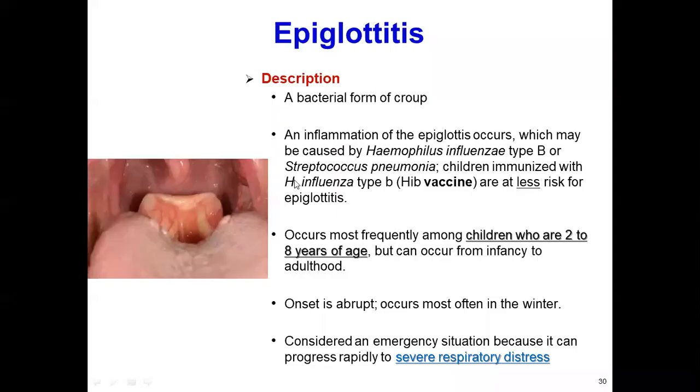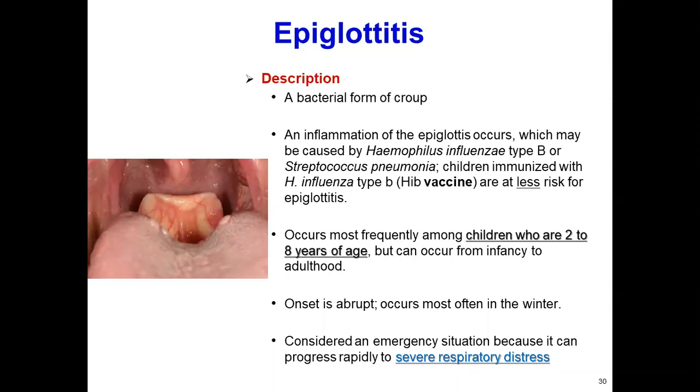And now go here. It occurs most frequently among children who are 2 to 8 years of age, but can occur from infancy to adulthood.